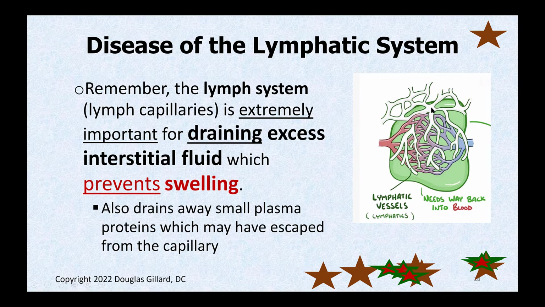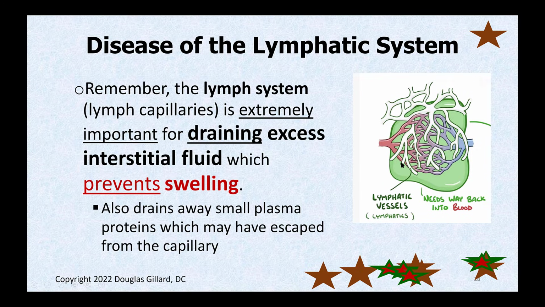That interstitial fluid is heading up toward the subclavian veins to be dumped back into the bloodstream. Once it gets into the lymph vessel, we call it lymph fluid. It's very important at keeping your tissue dry, so to speak, so you don't have an overabundance of blood fluid.